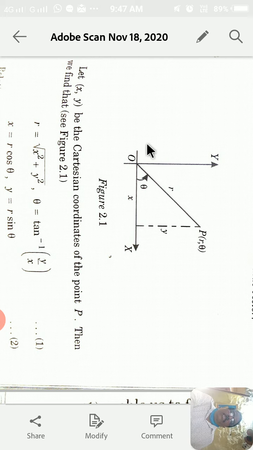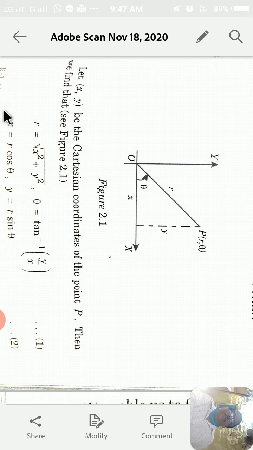And similarly in this triangle, r is known as the resultant vector of x and y. In other words, we can apply the Pythagoras theorem. By applying it, OP, which is nothing but r, is equal to the square root of x square plus y square.